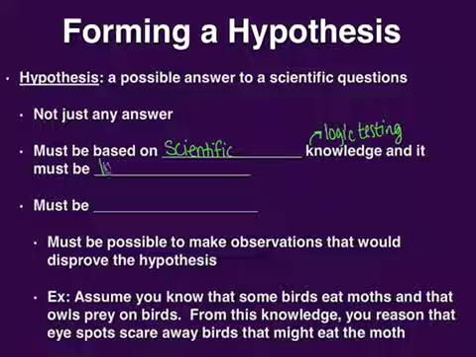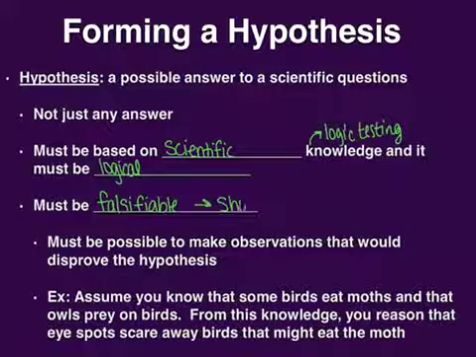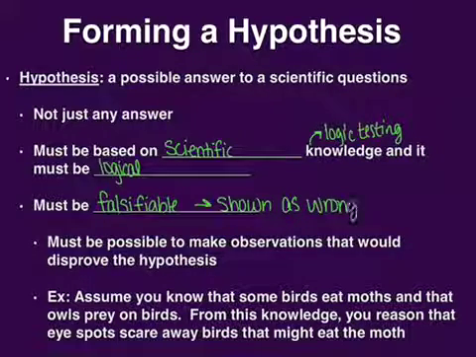It must also be logical. It also, most importantly, must be falsifiable, and this means that it can be shown as wrong. So we can show that hypotheses are incorrect, meaning our possible answer could be wrong. It must be possible to make observations that would disprove the hypothesis.